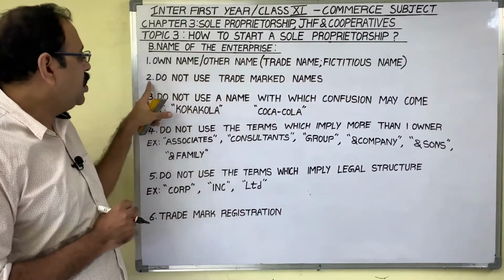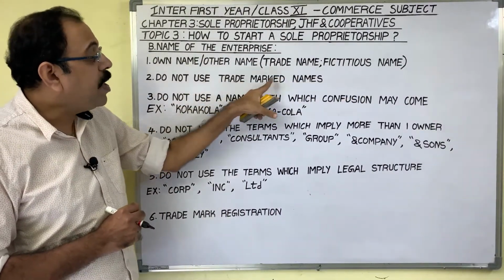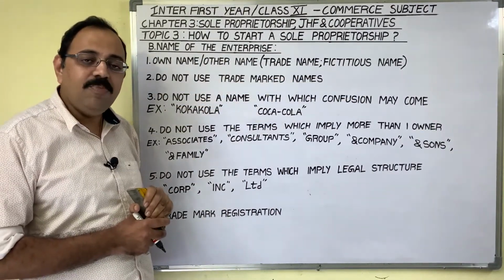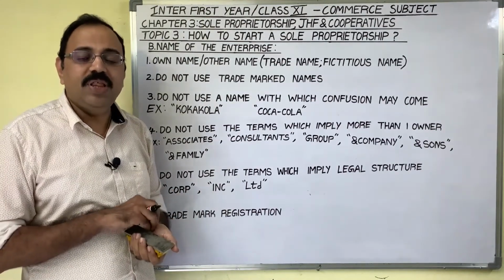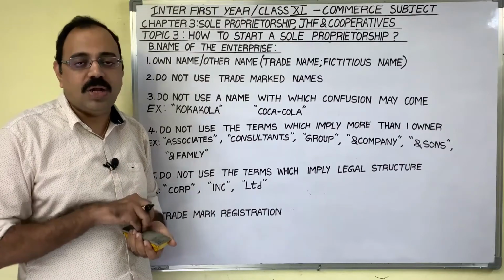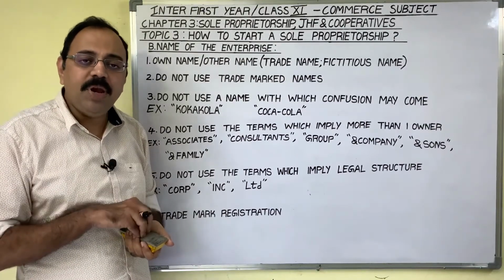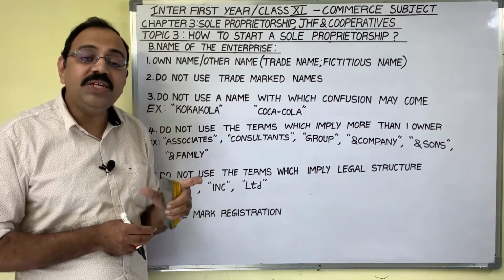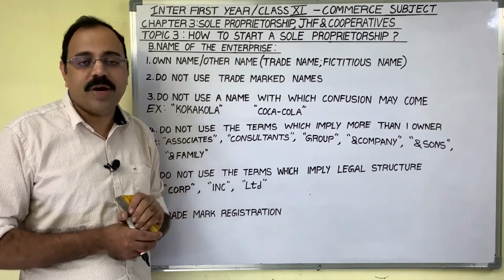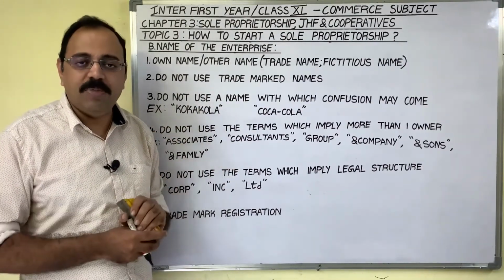The next one, do not use trademarked names. For example, you started a stationery shop in Vidyanagar with the name Bhavani Bookstalls, and with the same name there is a shop in Charminar also. As registration is not required for a sole proprietorship, you can use the same names.